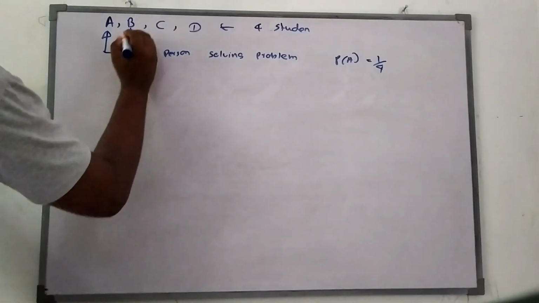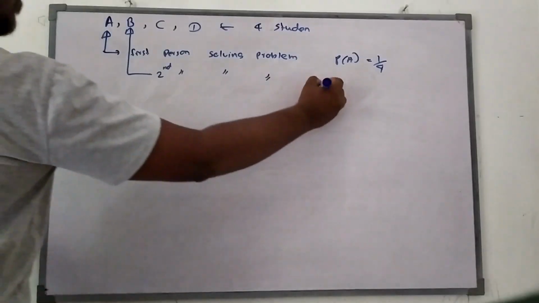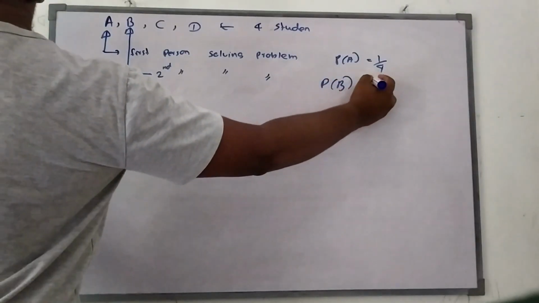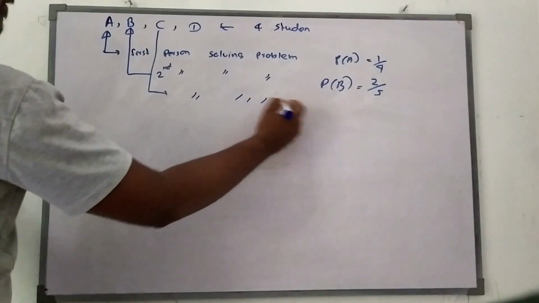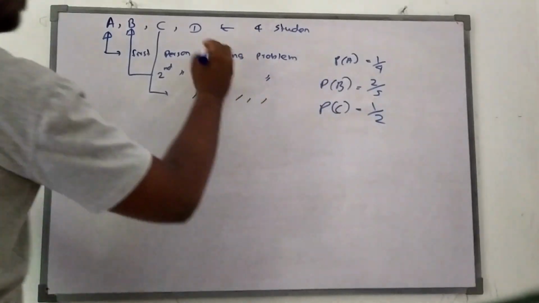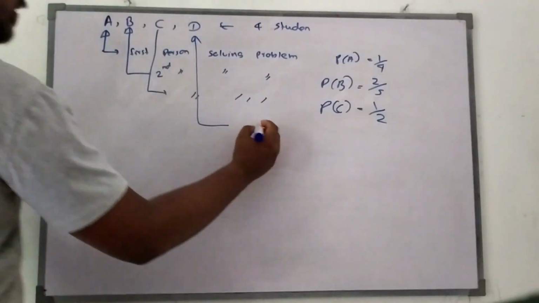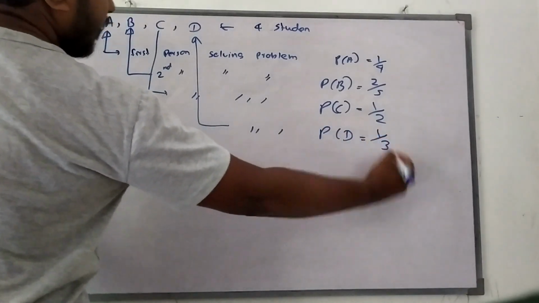The second person solving the problem, P(B), is 2 over 5. The third person, P(C), is 1 over 2. The fourth person solving the problem, P(D), is 1 over 3.